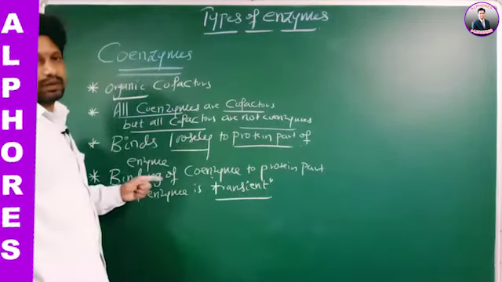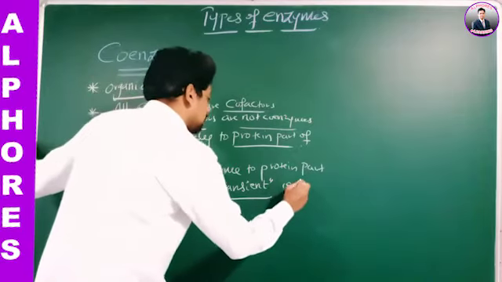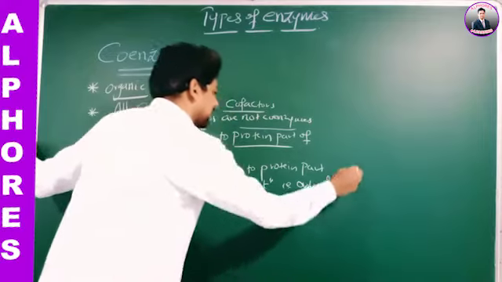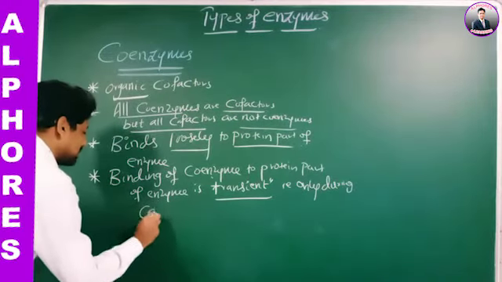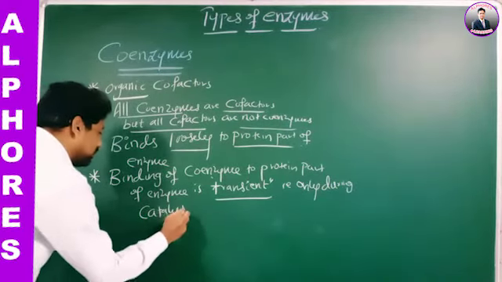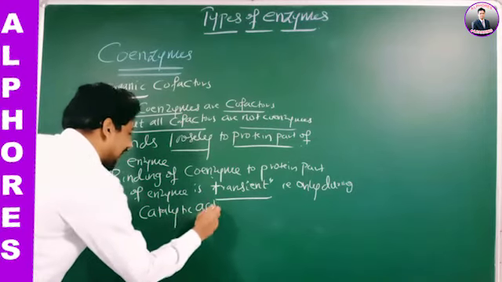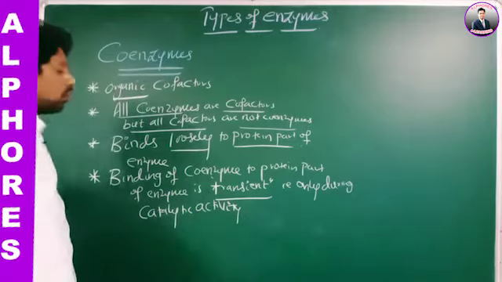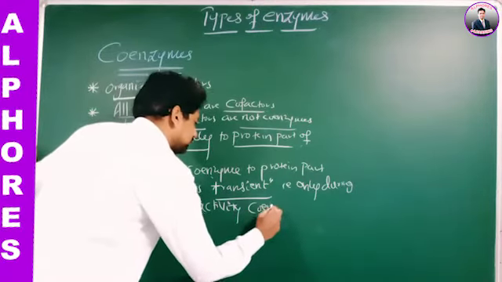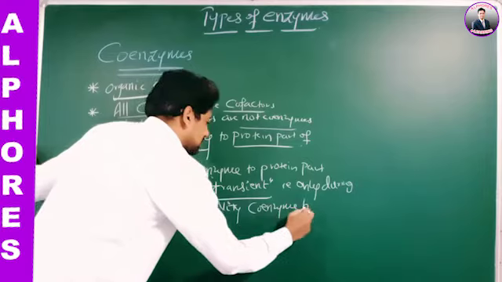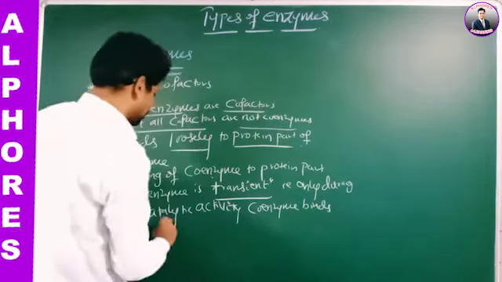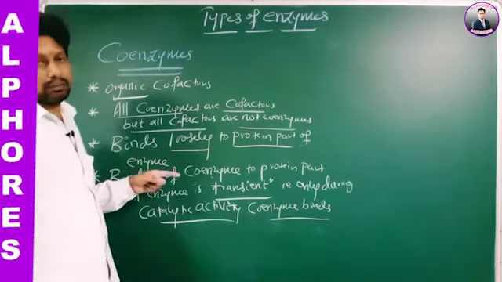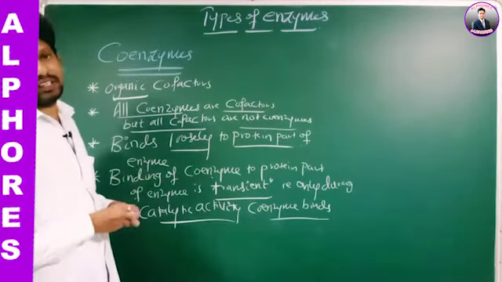Transient means temporary, only during catalytic activity. Only during catalytic activity does the coenzyme bind to the protein part of the conjugate enzyme.